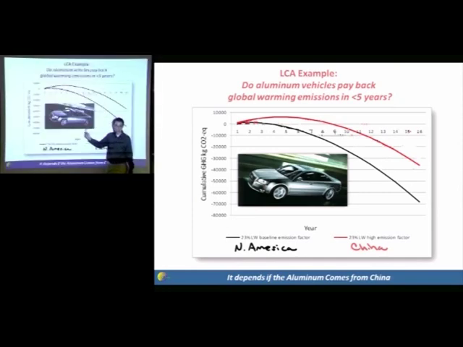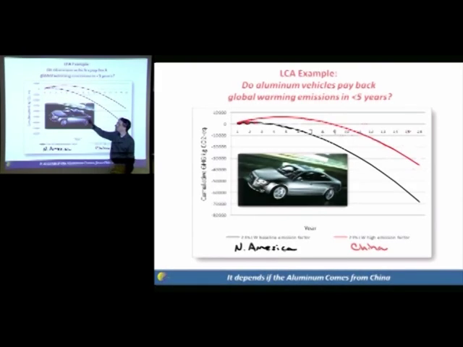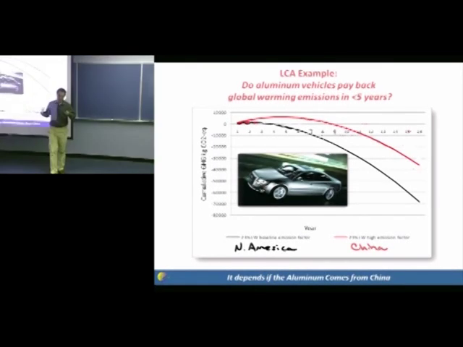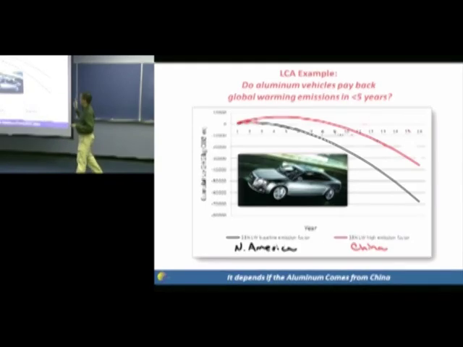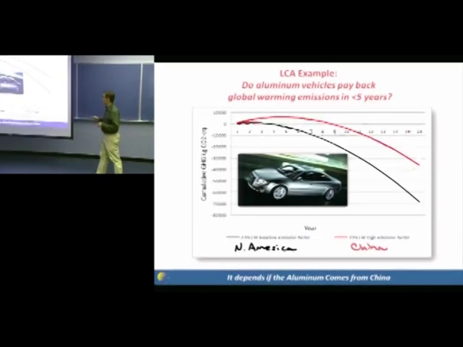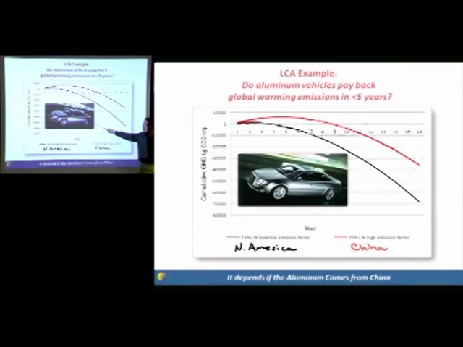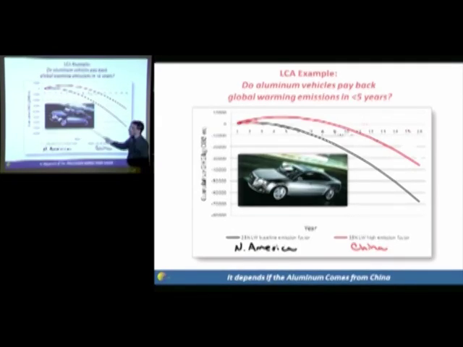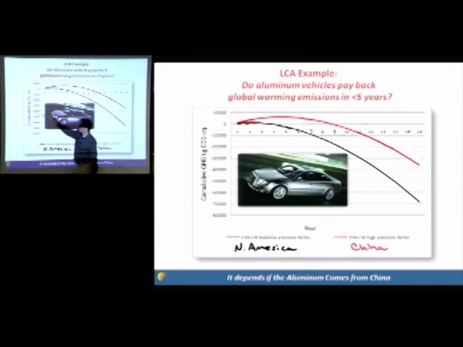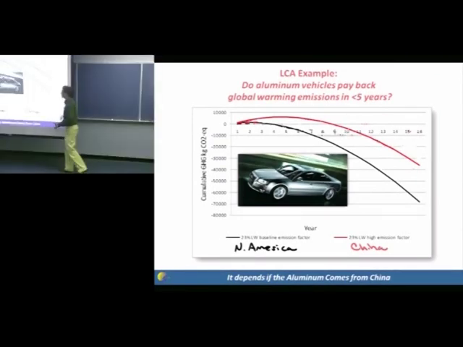And we talked about the supply chain for aluminum and how where you get the aluminum from might determine the payback period, meaning how long you have to drive that car around to actually offset the production emissions to make this solution work out better in terms of the environment. So we're looking at CO2 equivalents, greenhouse gas emissions here, and their reductions over time.